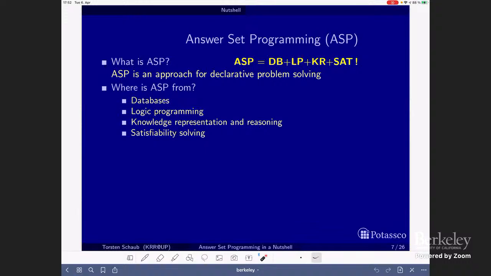This is done with techniques from deductive databases, and this comes from there. Then, of course, logic programming, the syntax and the original ideas, knowledge representation, the modeling language, the reasoning modes, and SAT as the parent that inspired the solving technology.